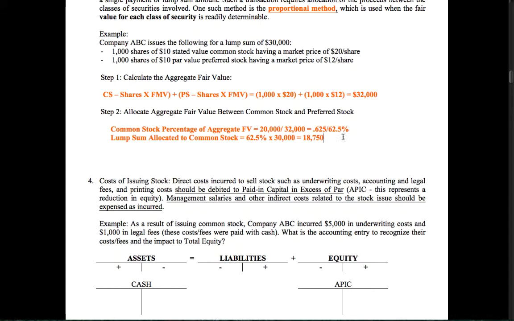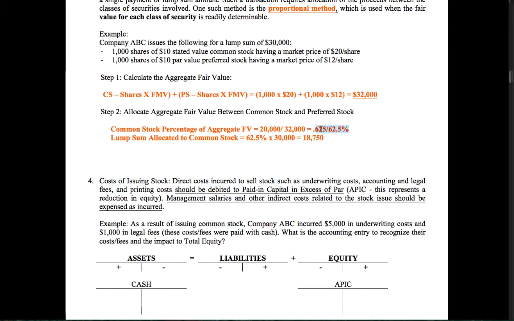First, we will calculate the common stock percentage of aggregate fair value. So what you do in this method is you take the fair value of the common stock, the $20,000, and you divide it by the aggregate fair value amount. So you take the common stock calculation from step 1 divided by the total that we got in step 1 of $32,000.